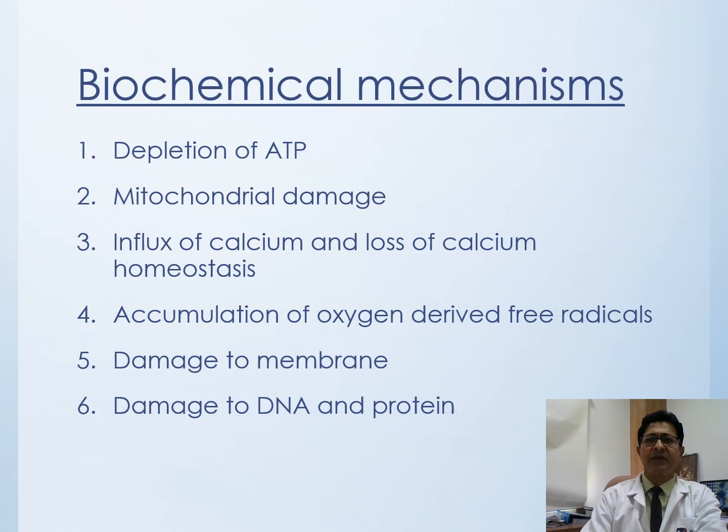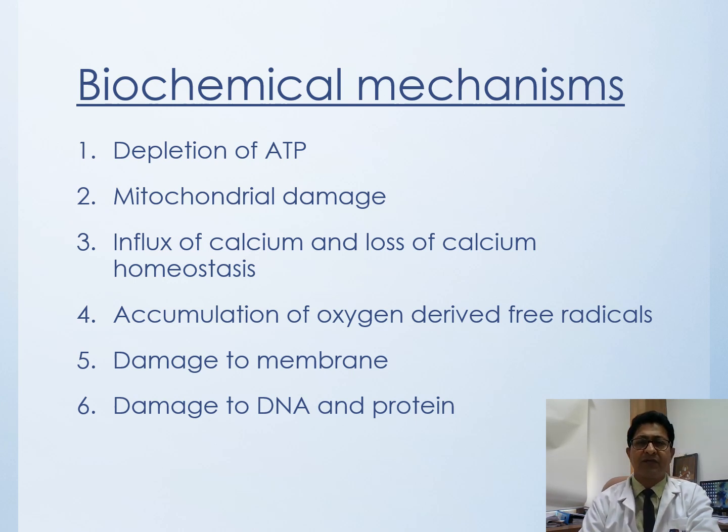When we look into the biochemical mechanisms, the various steps would be the depletion of ATP and mitochondrial damage, and further consequences would be the influx of calcium and the loss of calcium homeostasis. There could be accumulation of oxygen derived free radicals.